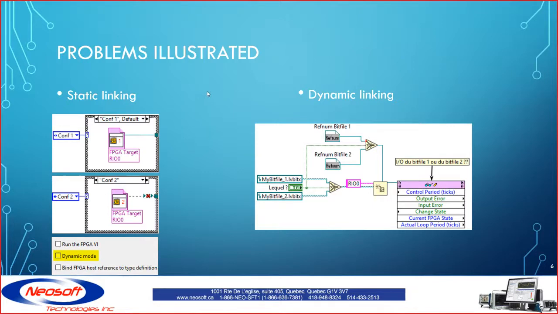Also, with dynamic linking, you can do something like this. It's really a bad idea. I will show you some more examples in detail right after in the demo. This may work if the prototypes are equivalent, but you may not know what the type defs are that will be applied when running the dynamic bitfile.